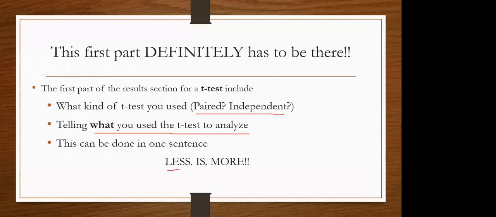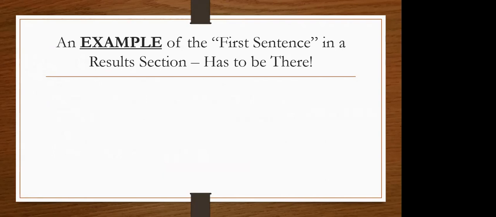Trust me, less is more on this. Do not start writing a bunch of junk, because when you do, you get yourself down the rabbit hole very quickly, and instead of sounding intelligent, you sound like you don't have any idea what you're talking about. So please follow my lead. Here's an example of the first sentence in the results section.